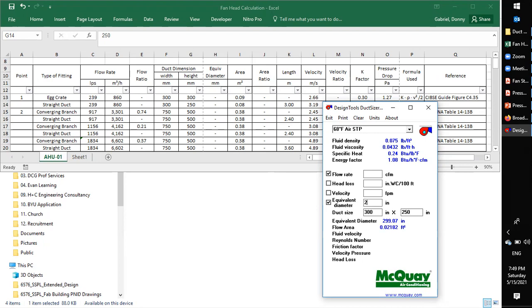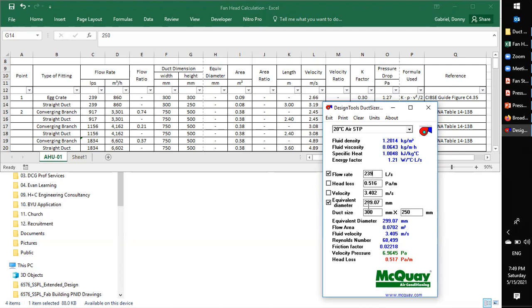So we'll write 299.07. The flow rate is 239 in metric units.